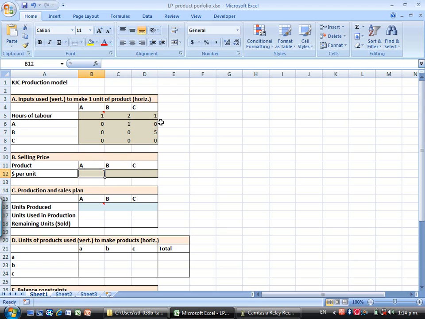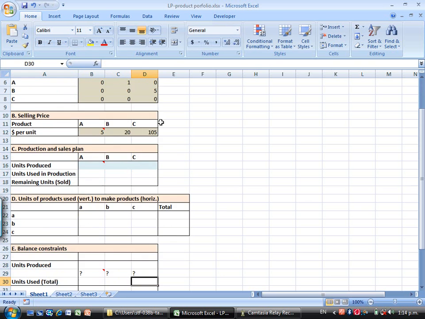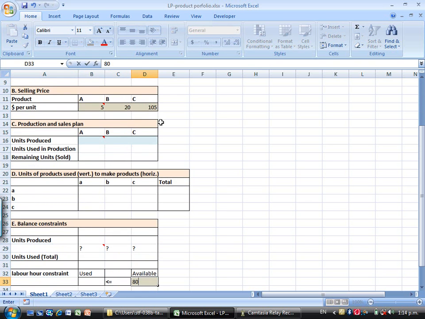Now the selling price per unit is 5, 20 and 105 respectively, and the total number of hours we have available for the workers down here is 80 labour hours each day.